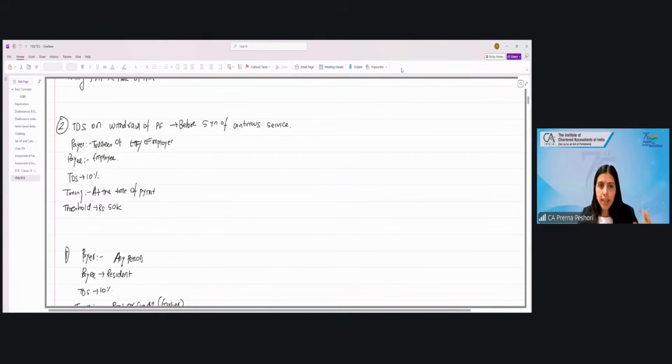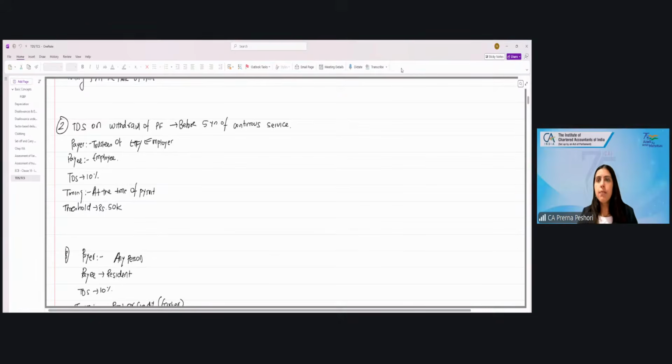So the tax on the withdrawal, how will it happen? The TDS is provided under 192A, which is 10% on premature withdrawal from the employee's provident fund scheme. Are we clear? And this has to be deducted at the time of payment. And the limit there is 50,000. Fine. Any questions?